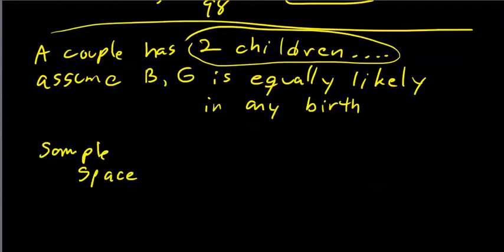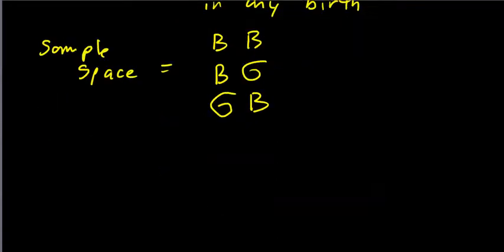Remember, your sample space is the list of all possible simple outcomes in an experiment. Well, I claim the first one can be a boy, and the second one can be a boy. That's one outcome regarding the 2 children. The first one could be a boy and the second one could be a girl. The first one could be a girl and the second one would be a boy.